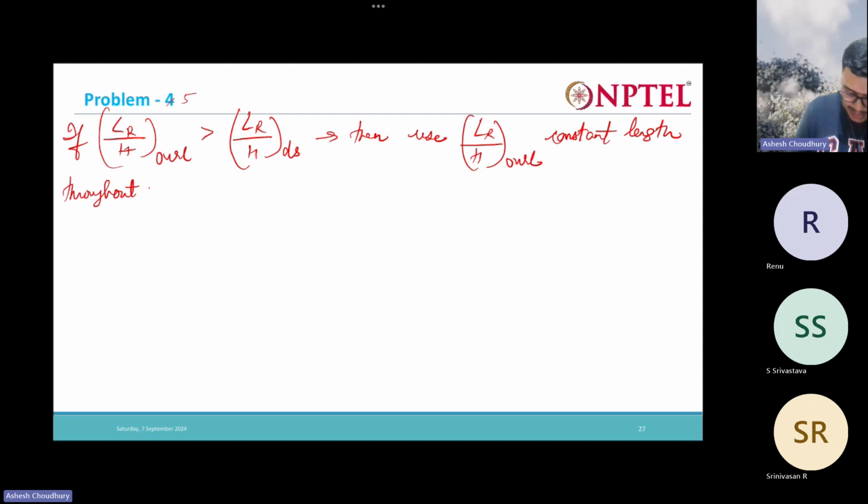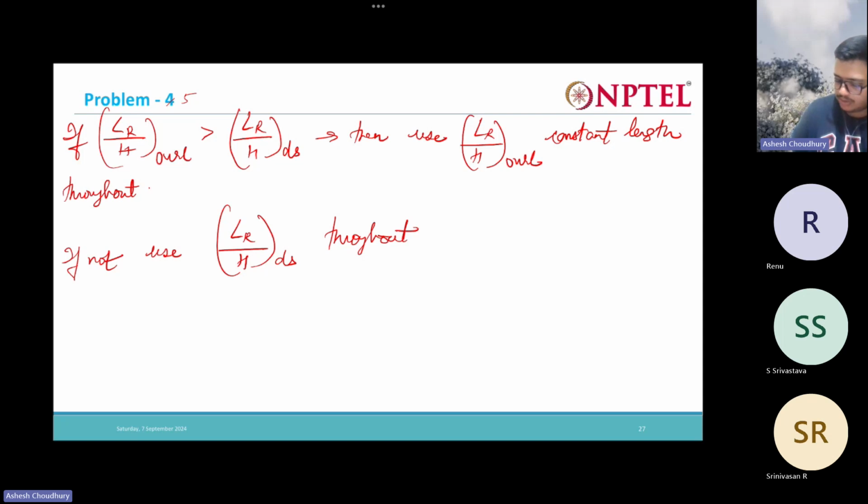And if this criteria is not met, if LR by H overall is less than LR by H direct sliding, then use LR by H direct sliding throughout.